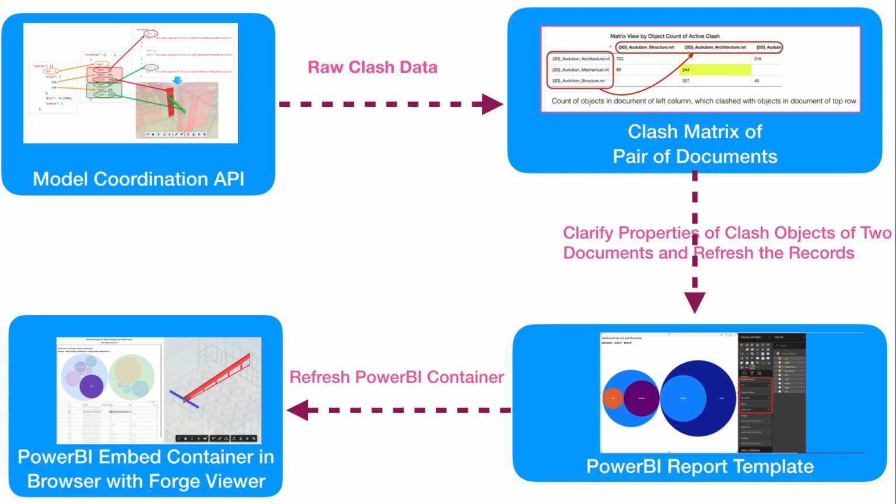When we click a category, all relevant clashes will be highlighted in the Forge viewer. Since the PowerBI dashboards are linked intelligently, the table view will be updated with the corresponding data, which are clarified in the bubble chart. The end user can now check the independent rows for one specific group of clashes.